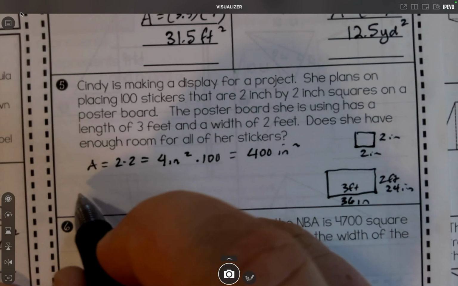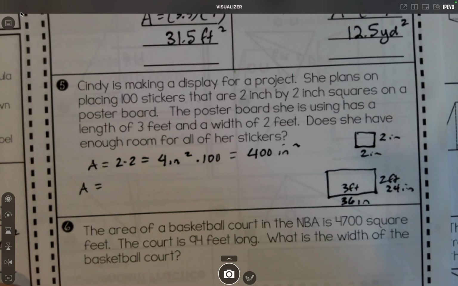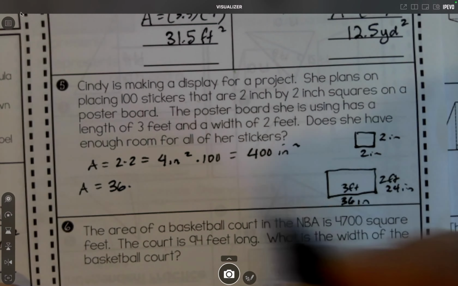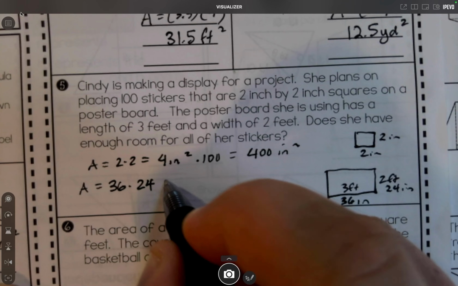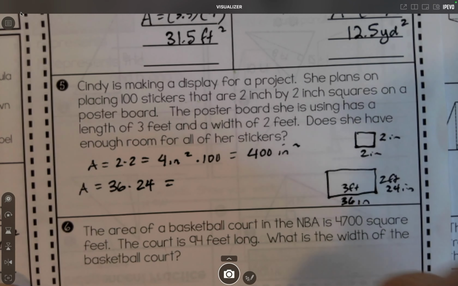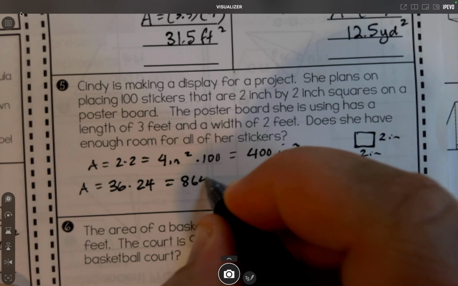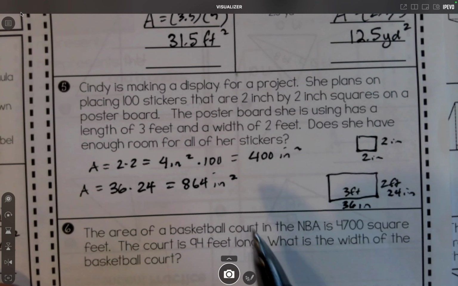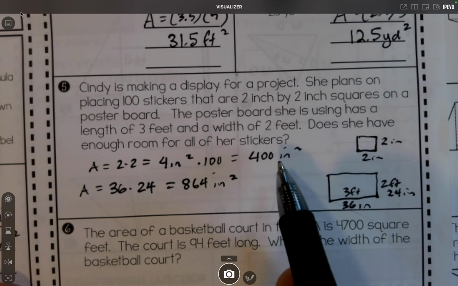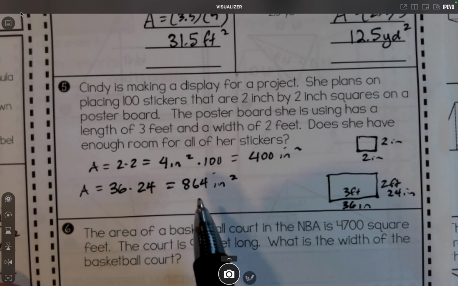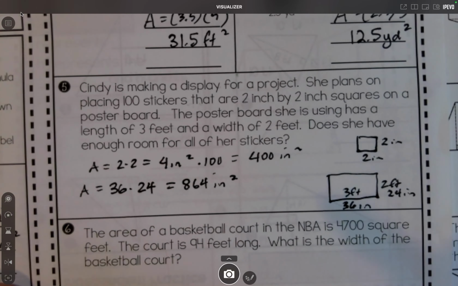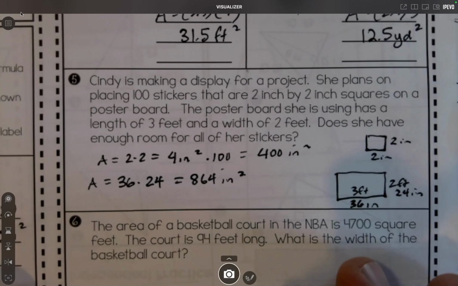Now to figure out the area of the poster, we'll do base 36 times height 24, because we're converting to inches. And when you multiply those together, you get 864 square inches. So good news, Cindy, there's definitely enough room on this poster for all your stickers, because the poster has 864 square inches. The stickers only take up about half that space, 400.